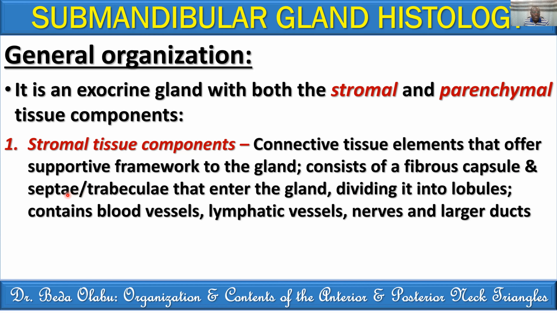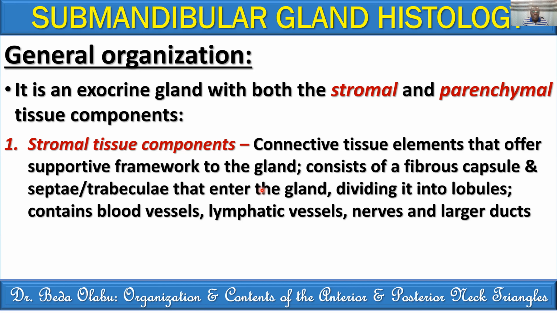Remember, this is partly contributed by the investing fascia of the neck. And this capsule extends some connective tissue into the gland, which we call the septae or trabeculae. The trabeculae that extend into the gland will therefore subdivide the gland into lobules.